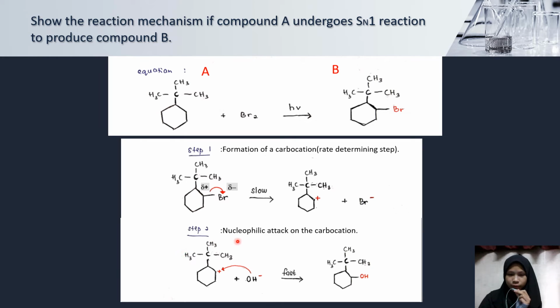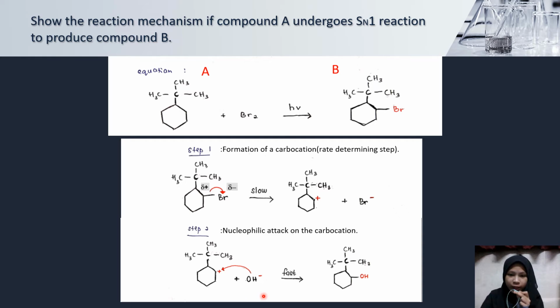So step 2 is nucleophilic attack on the carbocation. First, we rewrite the carbocation that we got in step 1. So, we can see the carbocation here reacts with the nucleophile, which is OH minus.